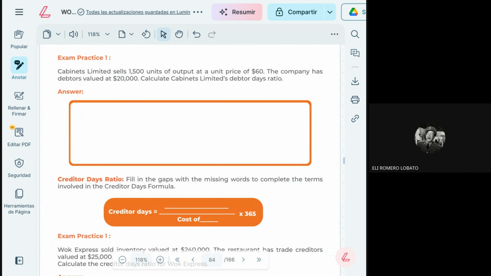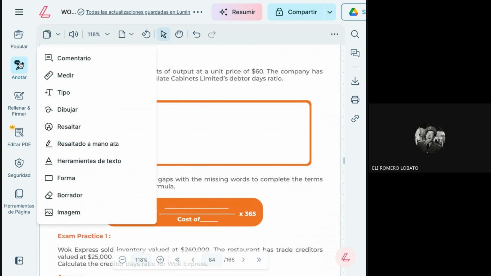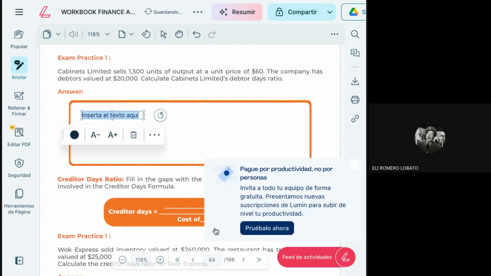We are going to calculate the revenue, okay, is to get sales revenue, price times units sold.